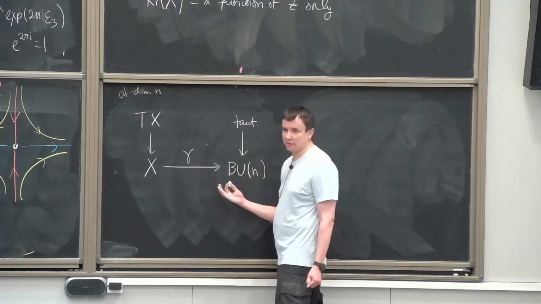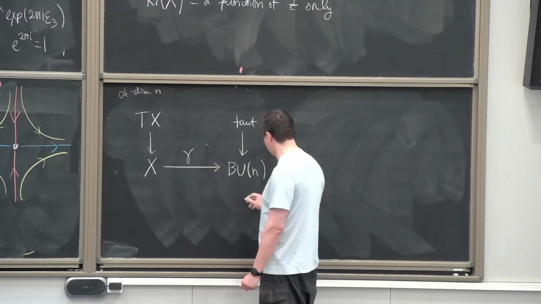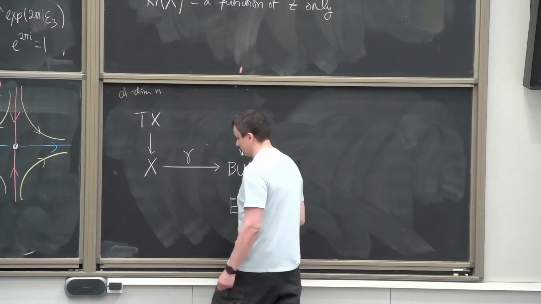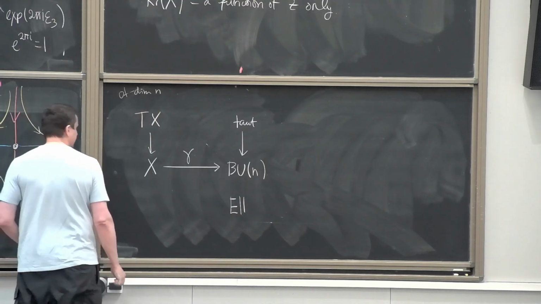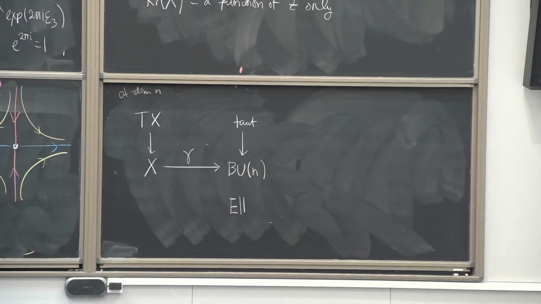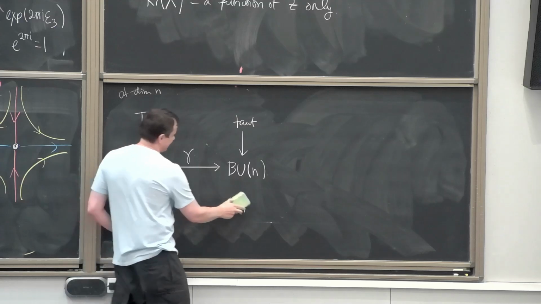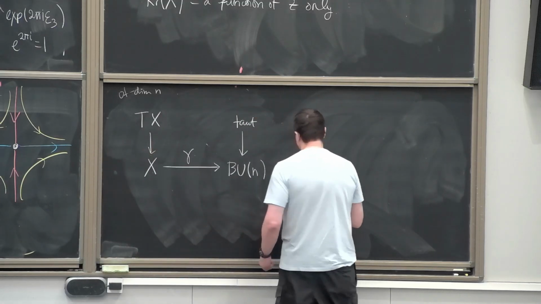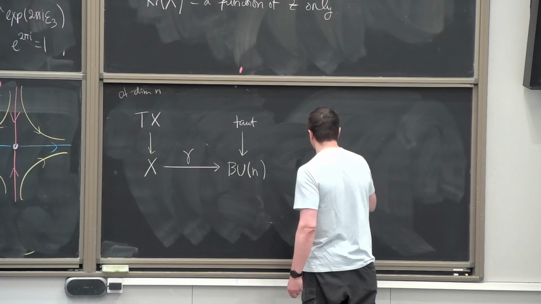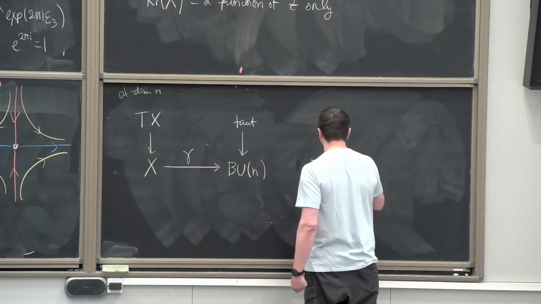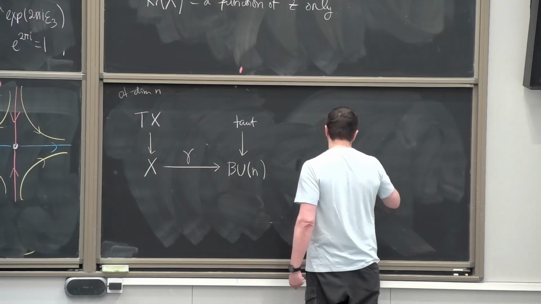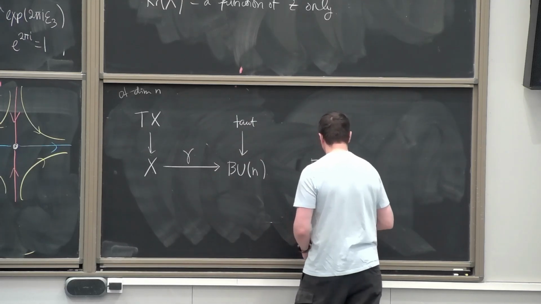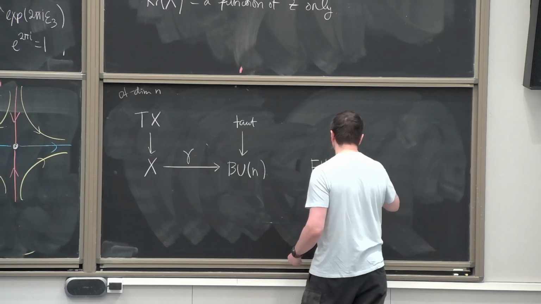And the theta bundle you pull back from elliptic cohomology of, so maybe I'll write it here. There's an elliptic cohomology of BU_n, elliptic cohomology of U_n equivariant, elliptic cohomology of a point.